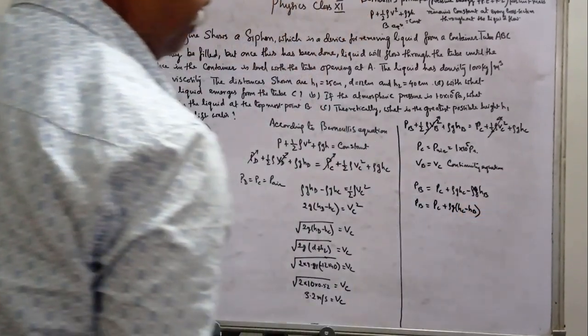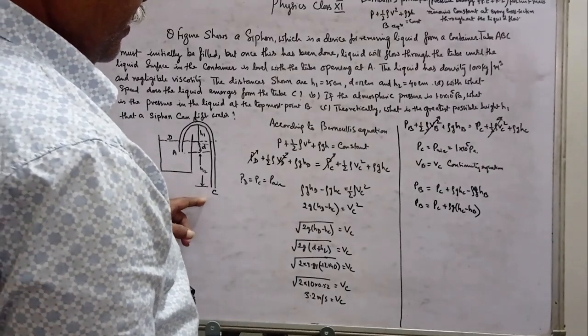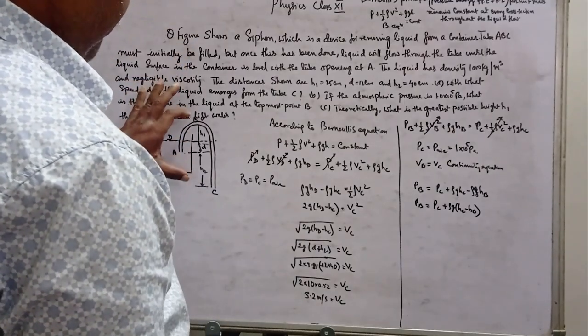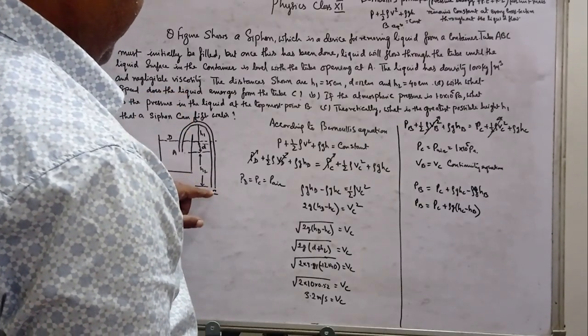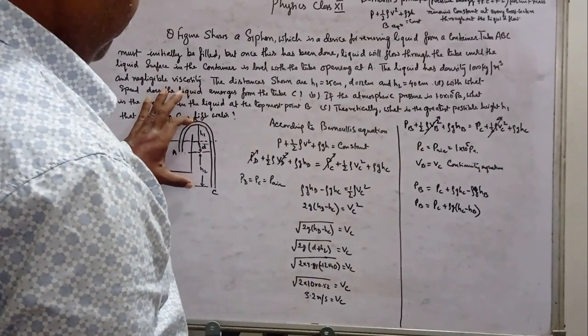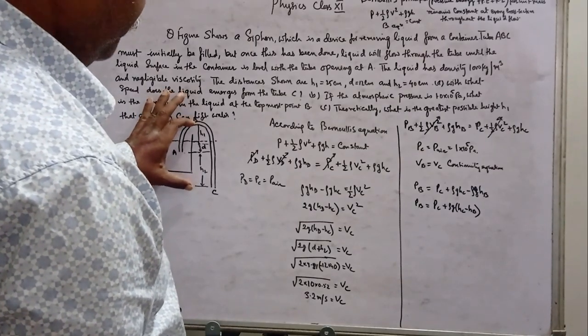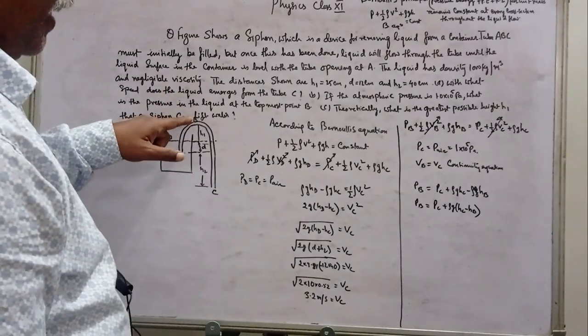So here you see HB is this much, and HC is this here. The difference is HB minus HC, because B is at the higher point.